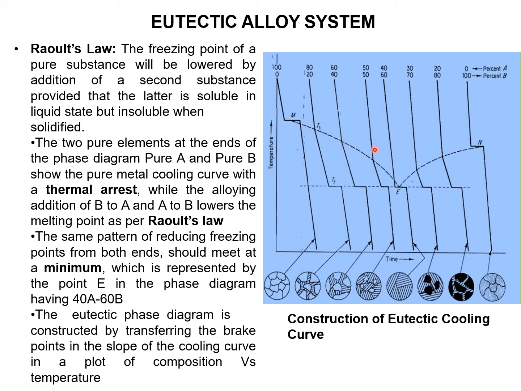Like this, when I add one element to another, the freezing point keeps reducing. But at one point, at this temperature, the entire liquid will be converted into solid. This point we call the eutectic point. So this is called the eutectic reaction.